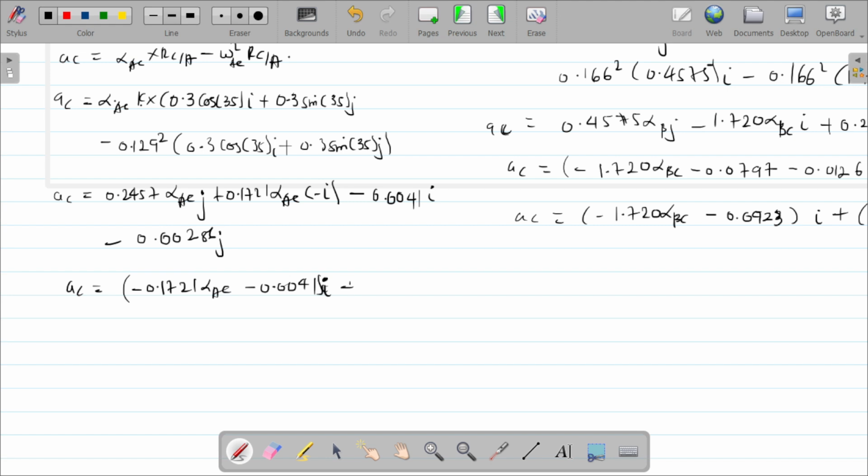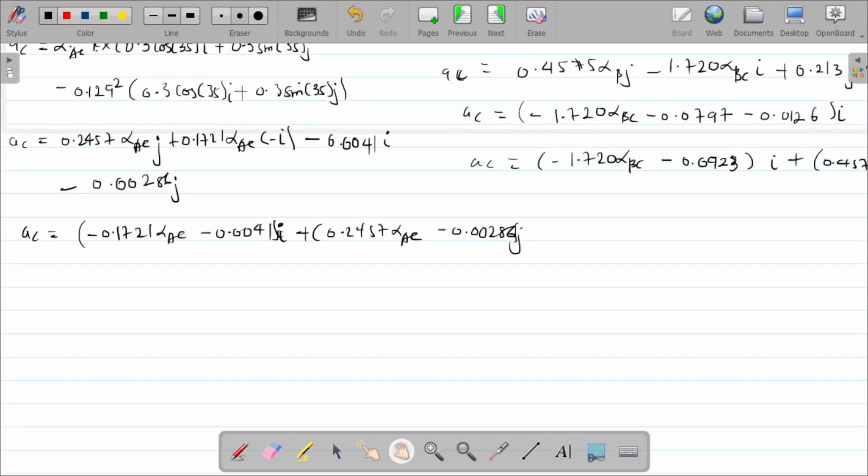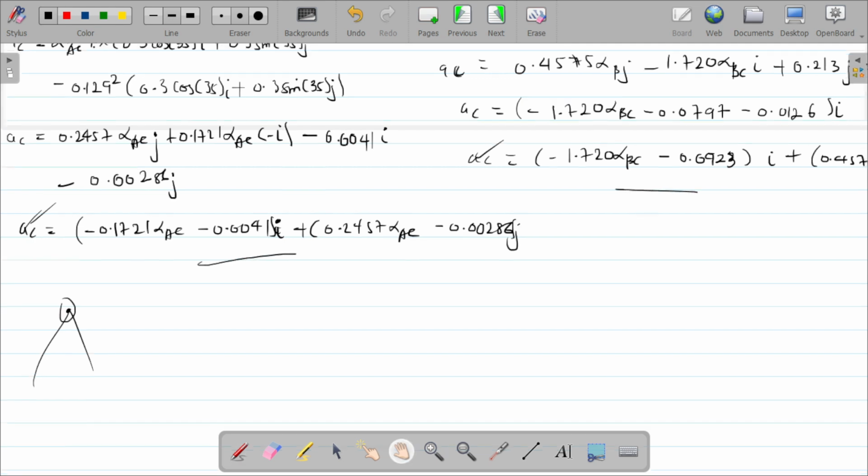And then plus, in brackets, the J: 0.2457 alpha AC minus 0.00286 J. So since we are saying the tangential acceleration, the acceleration at C when it's rotating is the same when compared to A and the same when compared to B, you can equate these two equations.